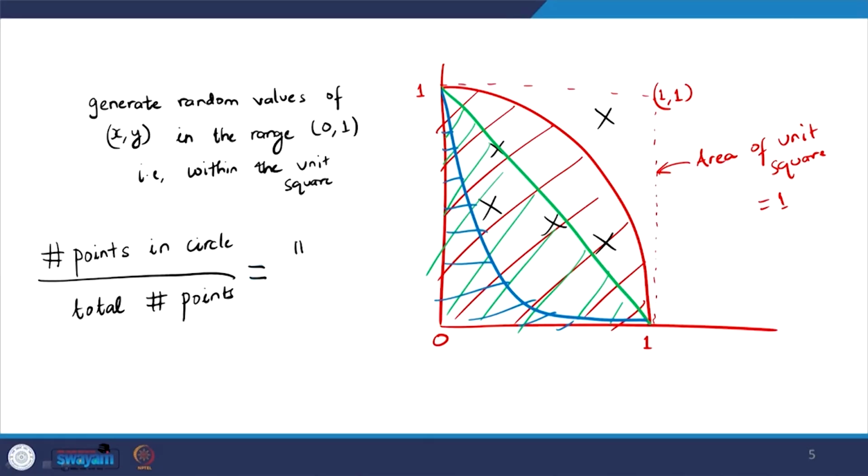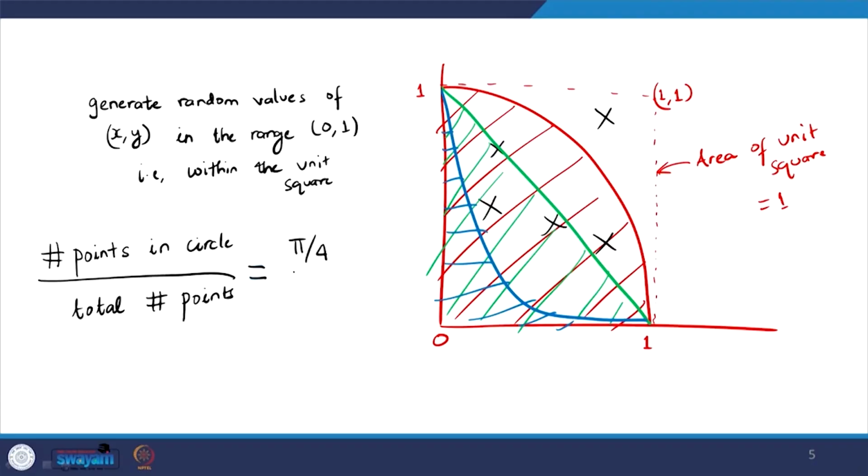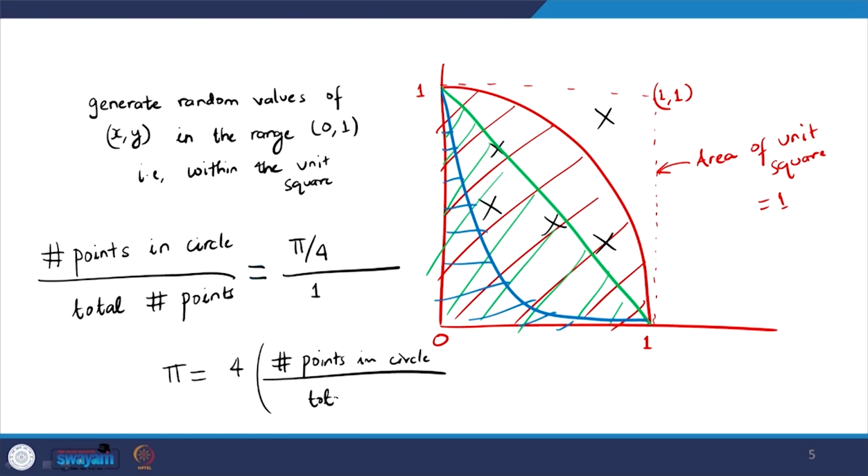So, in this case, this would be pi by 4, that is the area that I am interested in, divided by the area of the square, that is equal to 1, and therefore, my pi is going to be 4 multiplied by the number of points in the circle divided by the total number of points.